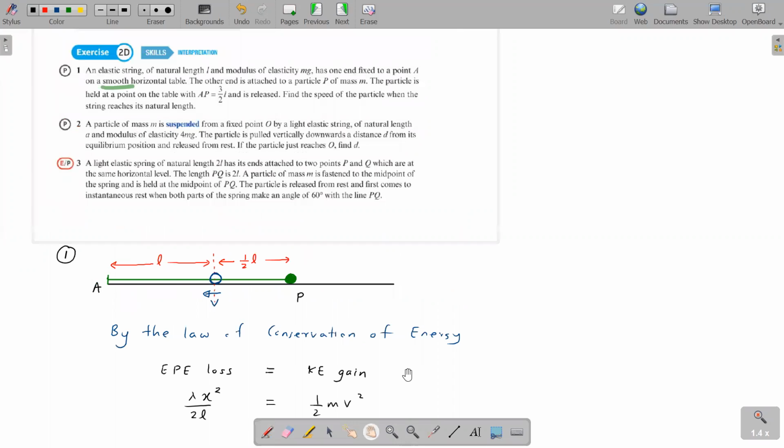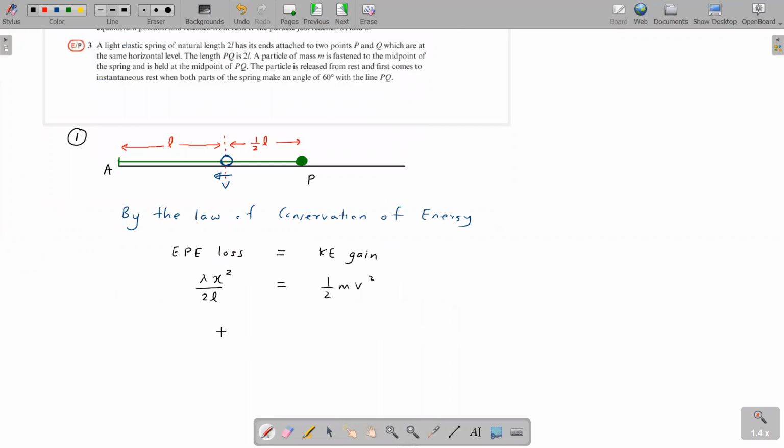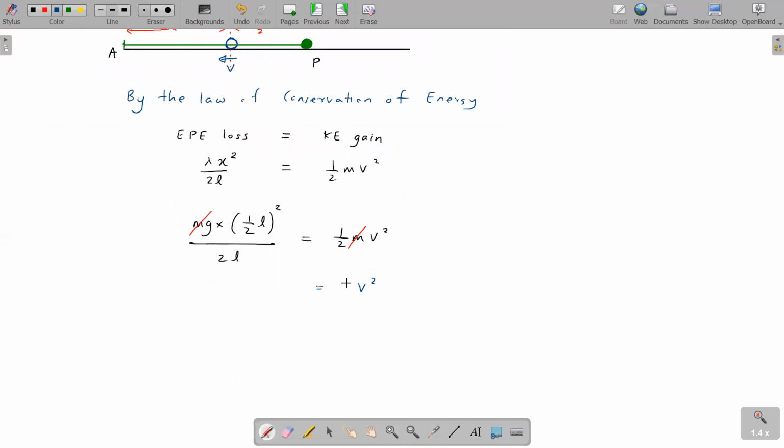Lambda, the modulus of elasticity, is mg, right? x is half L, the extension is half L. So mg times (half L) squared divided by 2 times the natural length L equals half mv squared. So m cancels out. You could also make v squared the subject by taking the 2 to the other side, but let me take it in the next step.